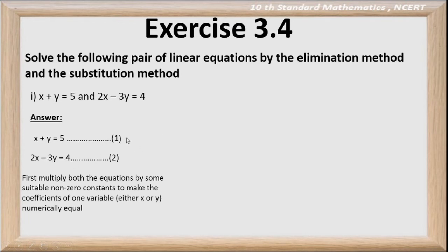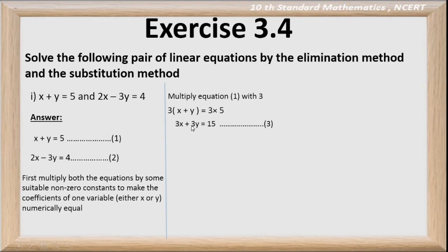Here I am taking the first equation and multiplying it by 3. If you are multiplying an equation with a constant, we should multiply both LHS and RHS. So 3 into x plus y equal 3 into 5. In both LHS and RHS we are multiplying with 3.